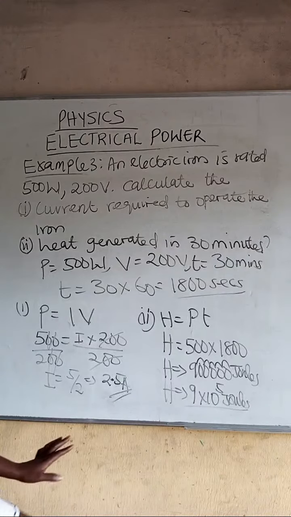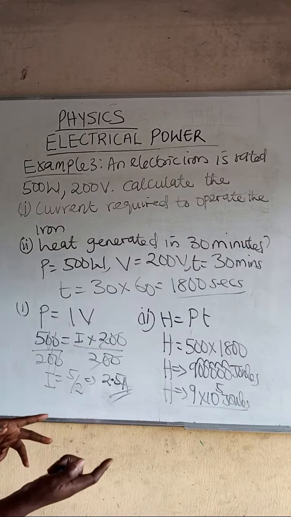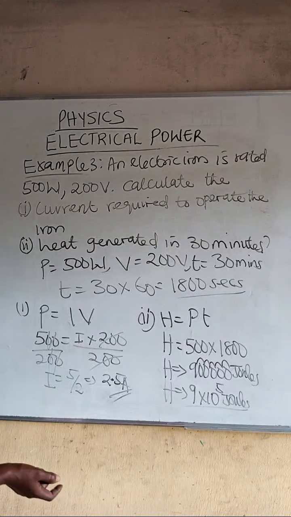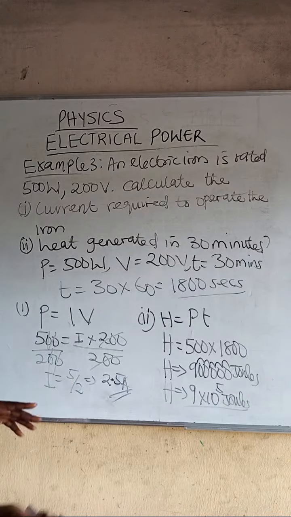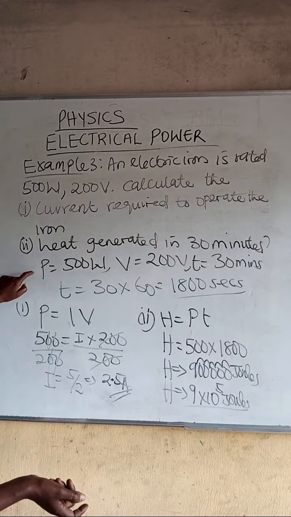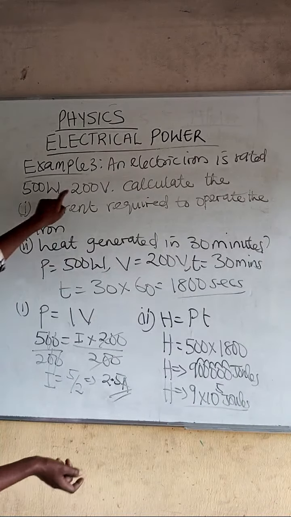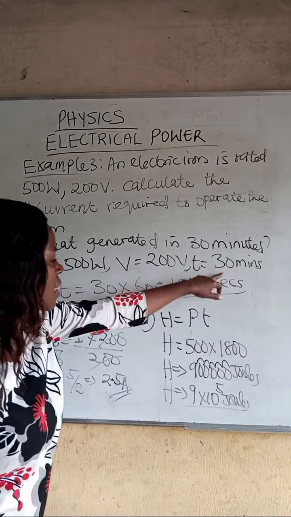We are given an electric iron that is rated 500 watts, 200 volts. Calculate the current required to operate the iron. Then, the second one, the heat generated in 30 minutes. How do we solve this problem? It's by saying that the power is given as 500 watts, PD, which is potential difference, given as 200 volts, T is time, which is given as 30 minutes.